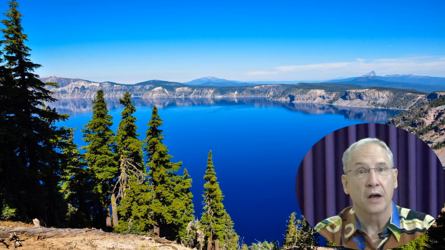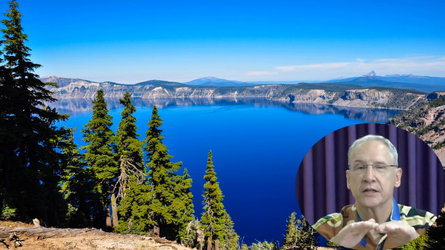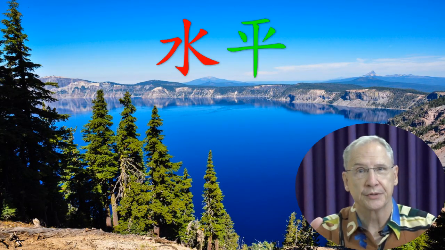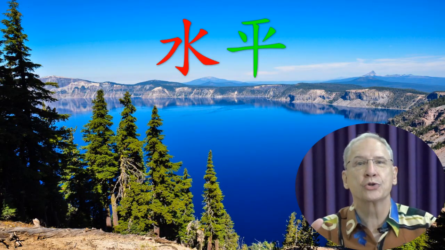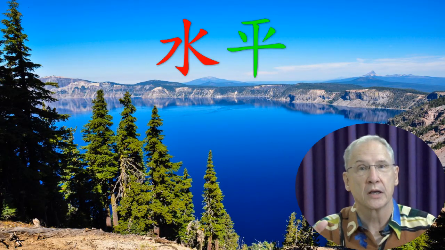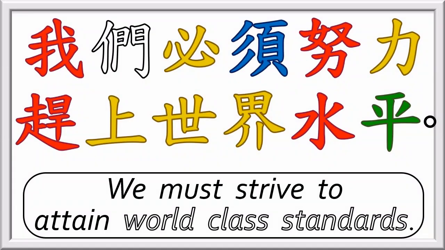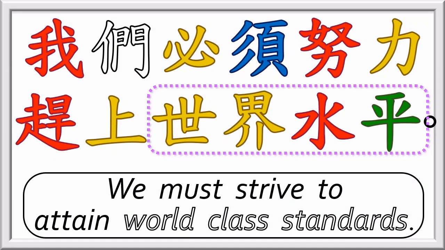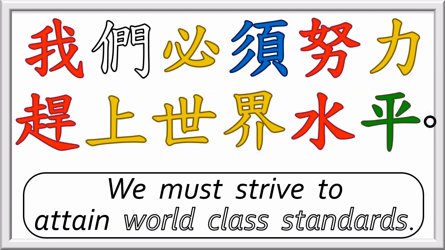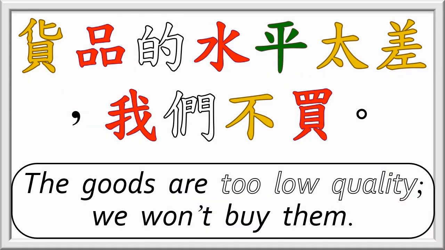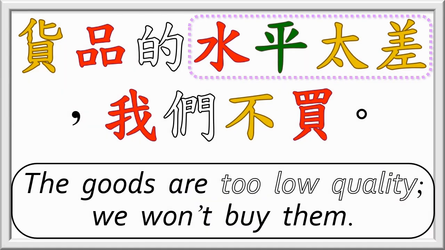Water, if undisturbed, always lies perfectly flat. So 水平 means horizontal, but more importantly also serves as one of the expressions for a level or a standard. 我们必须努力赶上世界水平. We must strive to attain world-class standards. 货品的水平太差，我们不买.